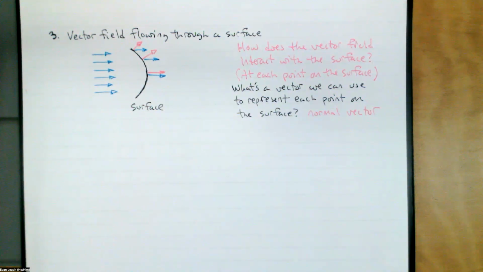But what we're looking for, because we're in calculus class and we're trying to do integration, and we know that integration is multiplication, but one of the factors is continuously variable. When vectors show up, the multiplication that we've been using is the dot product. So here we go. We've got a surface, we've got a vector field flowing through the surface. We pick the normal vector at each point on the surface.